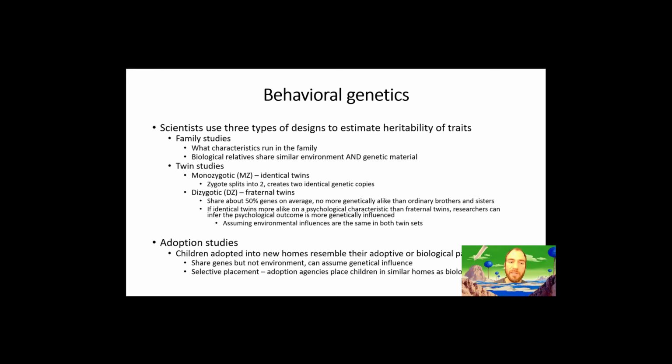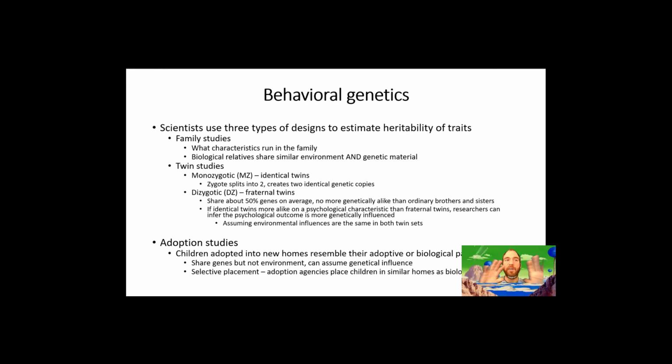So the idea here is, if identical twins have an outcome that is more similar, a psychological outcome that is more similar, so if their self-esteem is more similar than fraternal twins, these researchers argue you can infer that the reason those identical twins are more alike on self-esteem is because 100% of their genes are the same.